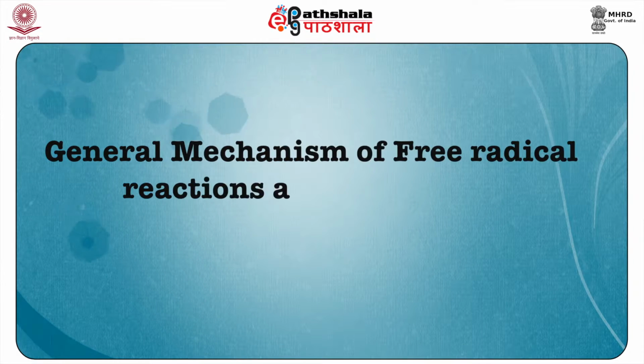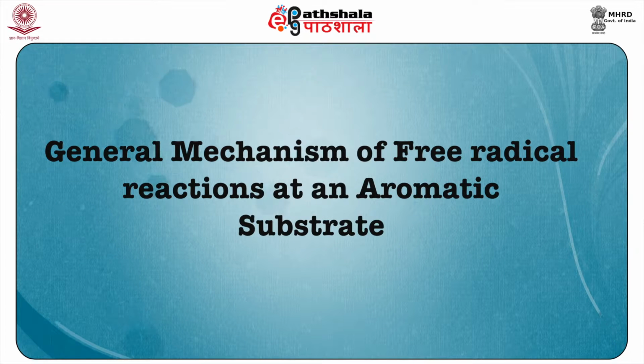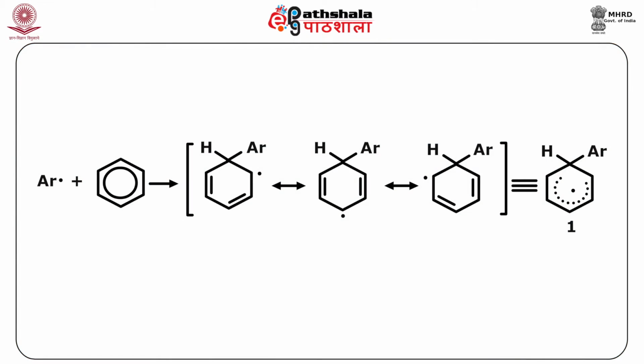General mechanism of the free radical reactions at an aromatic substrate. In the reaction of free radicals at aromatic substrates, some general steps involved in the mechanism are: in the first step, the radical attacks the ring in much the same way as would an electrophile or a nucleophile.